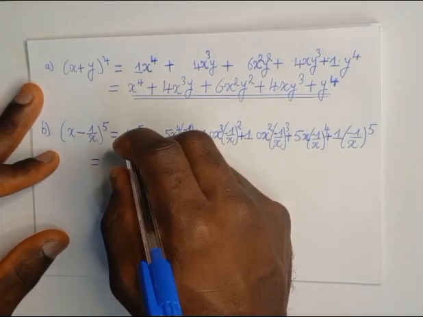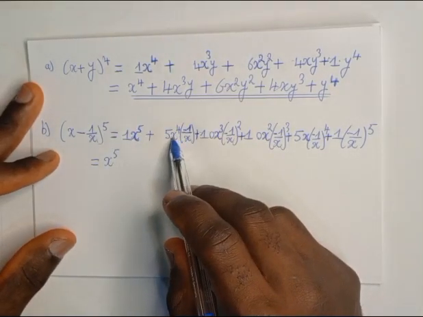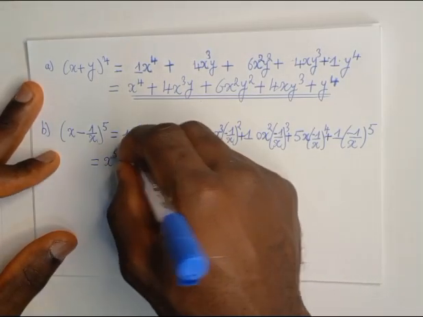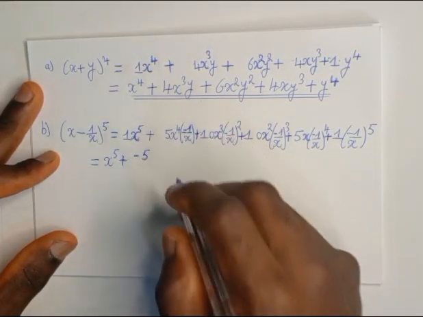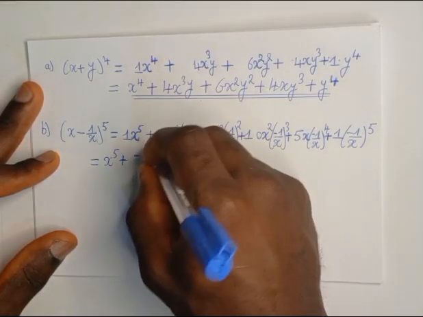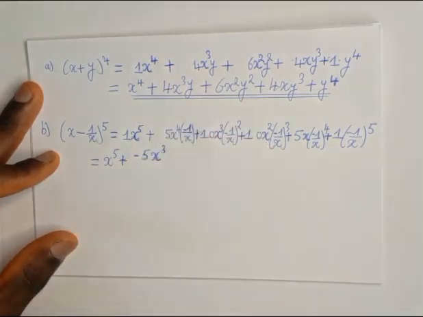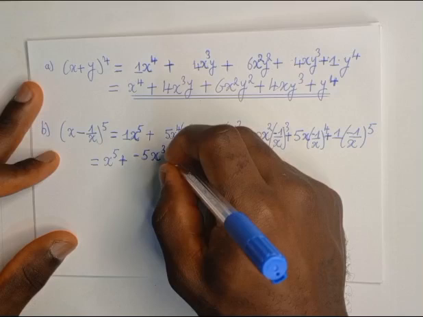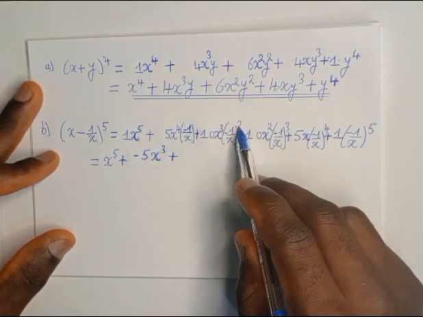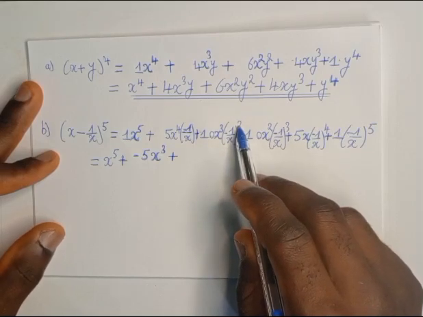This will simply be equal to 1 times x raised to the power 5, this is x raised to the power 5. Here we have plus negative 1 times 5 is negative 5. Then we have x to the power 4 all over x, which gives x to the power 4 minus 1, which is 3, plus negative 1 squared gives positive 1, x squared gives x to the power 2.